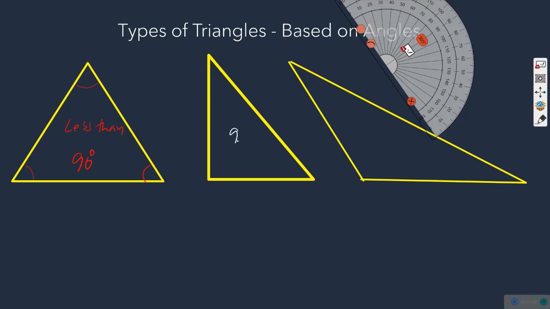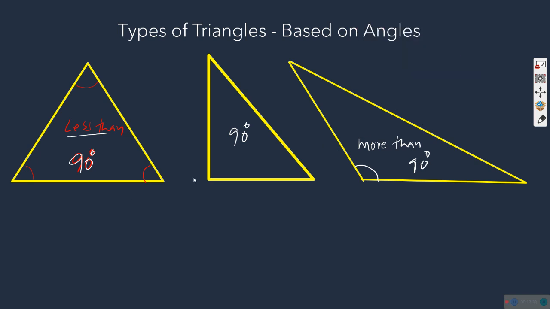Here we have a 90 degree angle. Here we have one angle more than 90 degree. Here it is less than 90 degree. Understood? So we have three types of triangle depending upon their angle.